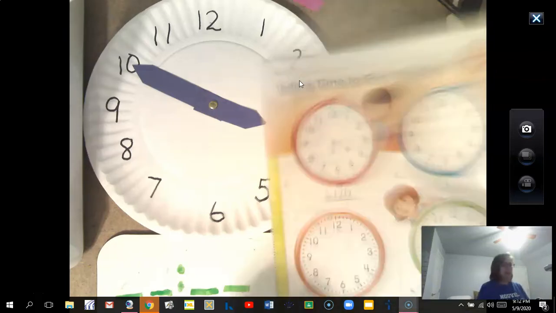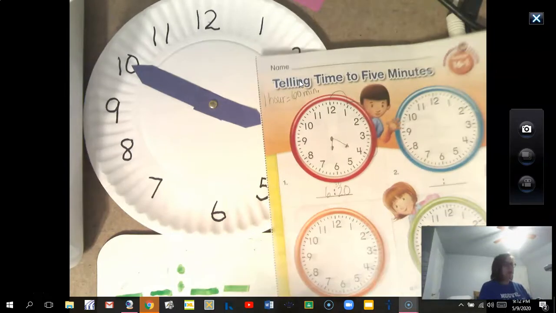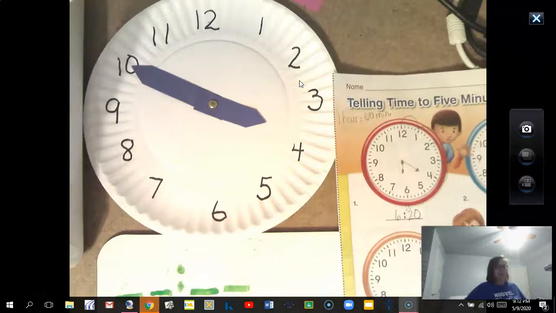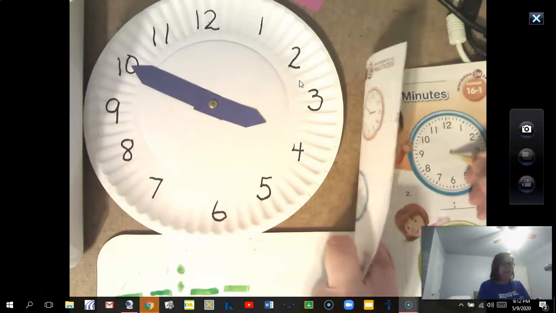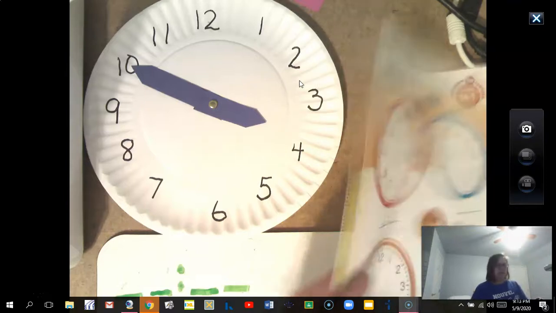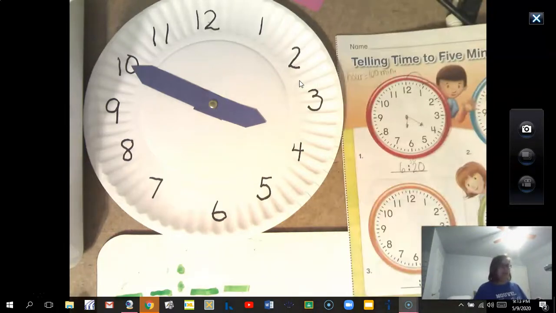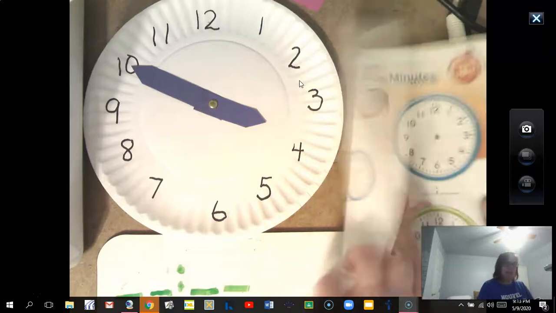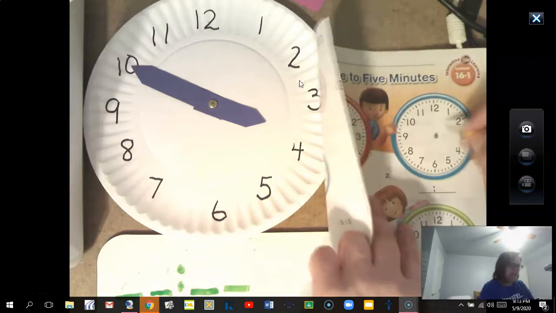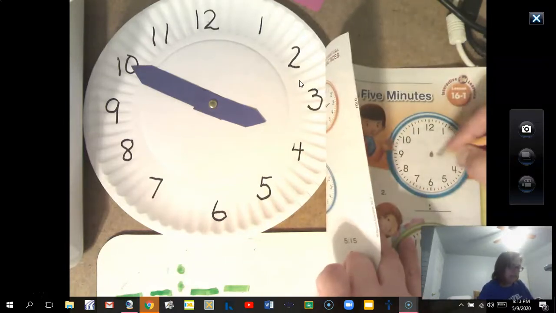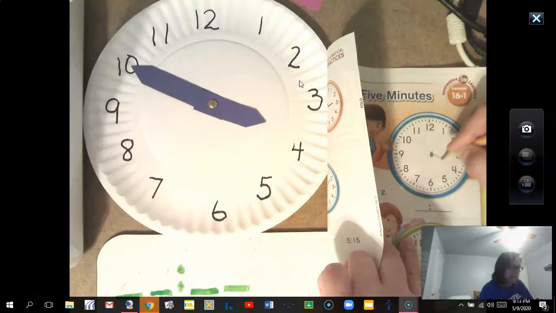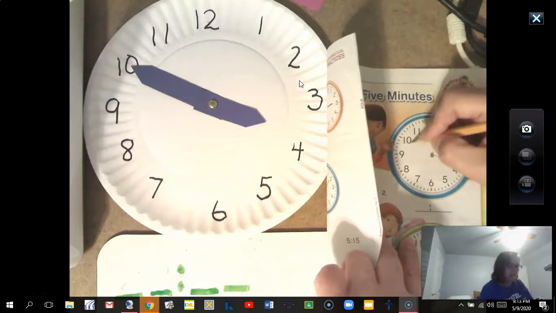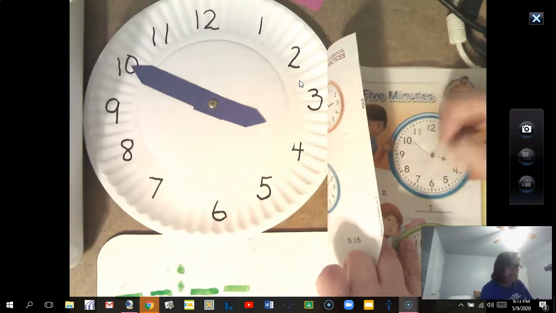First of all, take your paper and draw it. Draw what you see here. Put the little hand, put the dot in the middle. So put a dot right in the middle. And then go ahead and draw the hands. I'll do the same with you. And then do the hour hand.